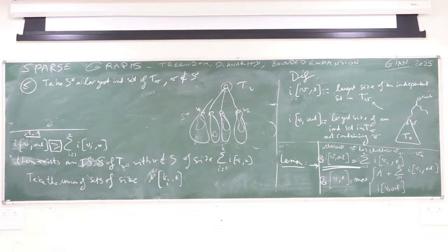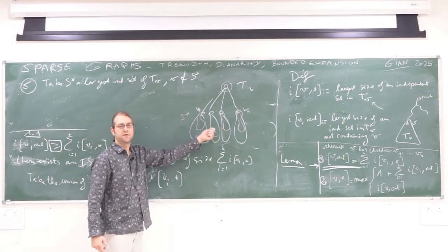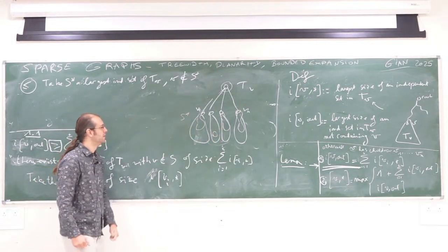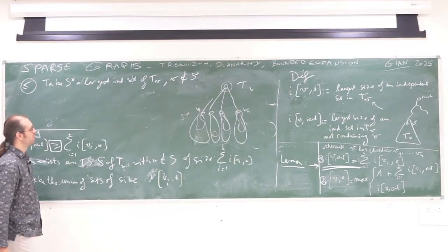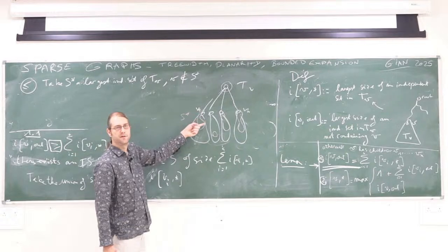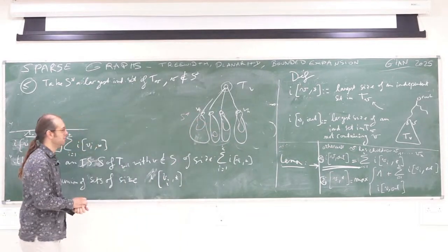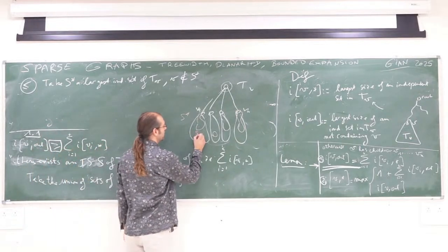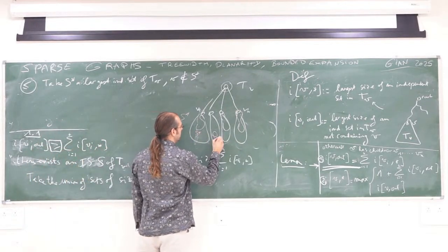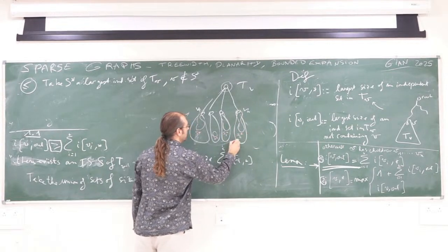But now it's very easy to observe that each of these is an independent set of the subtree of the child. So of course, this cannot be bigger than the largest size of an independent set of this subtree. Let's call these S1 star, S2 star, Sk star.